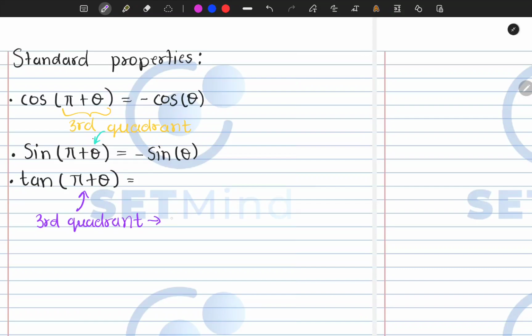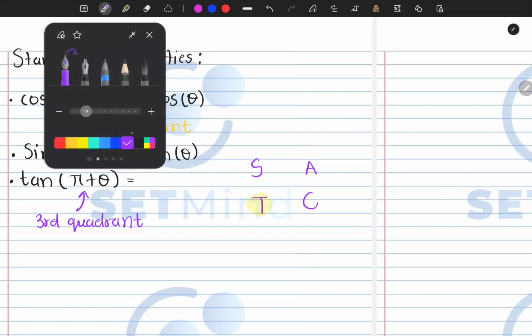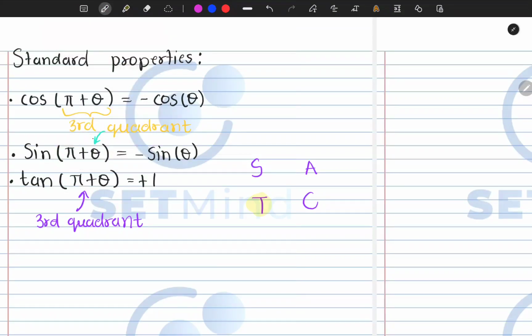And what you need to remember is that your tan is positive because you have your cast looking like this, C-A-S-T. And this here is quadrant 3. So our tan is positive. This means our answer will be positive tan of whatever we are adding to the pi.